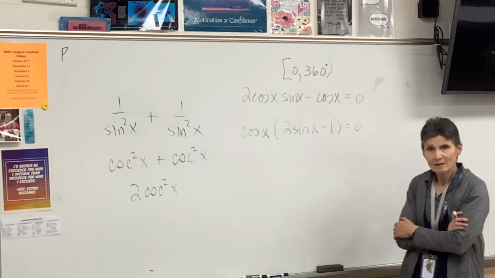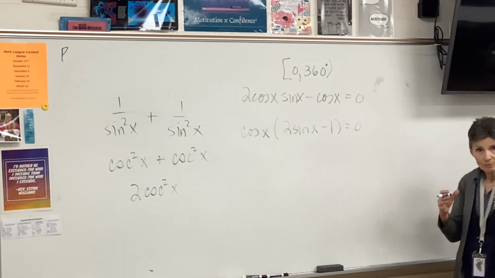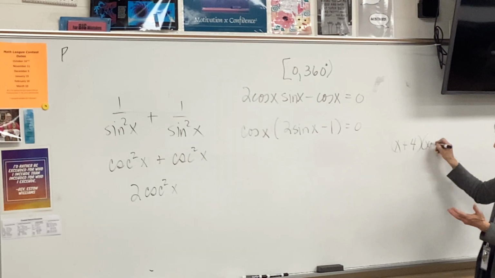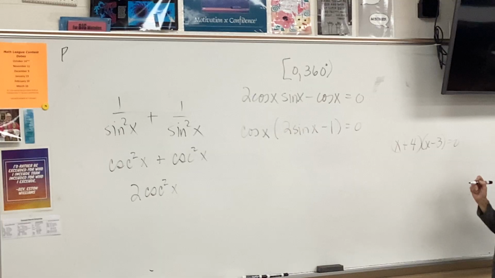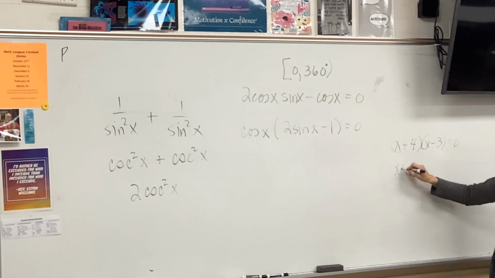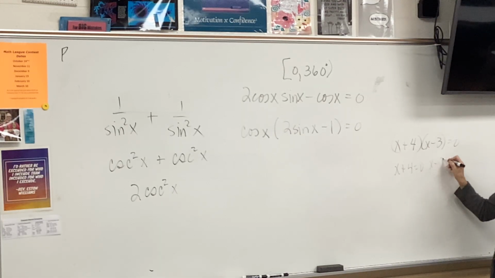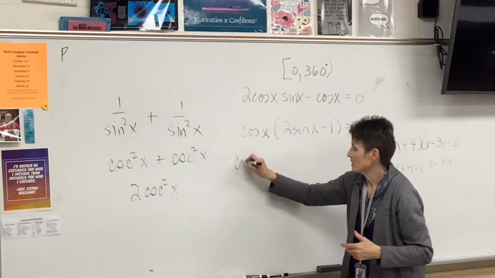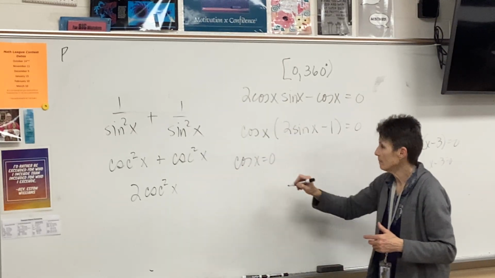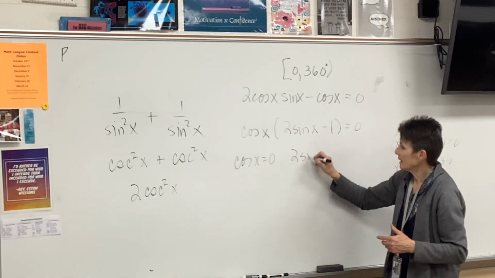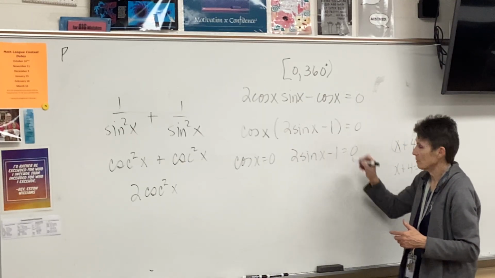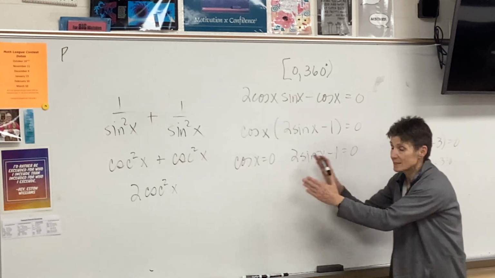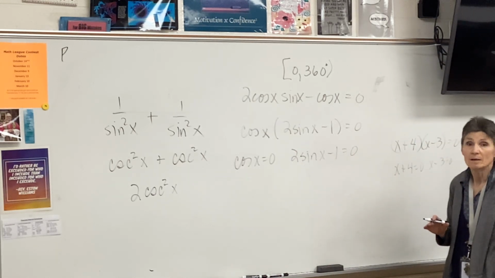Now, when I factor, think about regular factoring, like with numbers. After you factor something, you get something like this, then don't you set both of these equal to 0? Okay, so I'm going to set both of my things equal to 0. I'm going to say cosine x equals 0, and 2 sine x minus 1 equals 0. You have done this in chapter 4. Not both at the same time. They were separate problems, but you've done this.